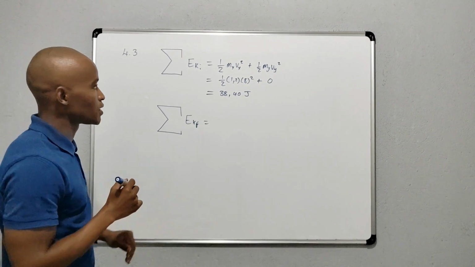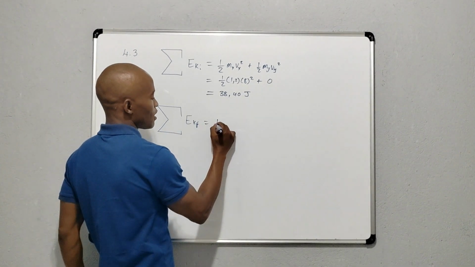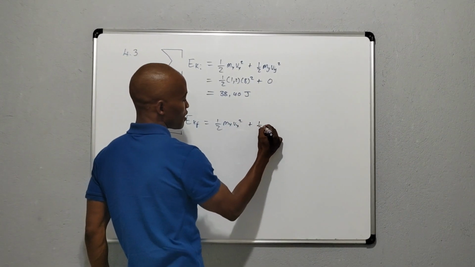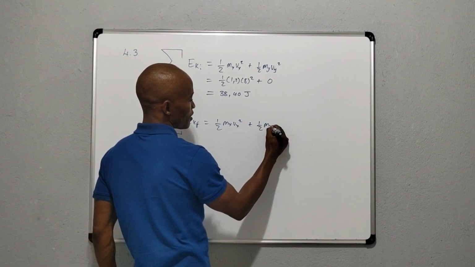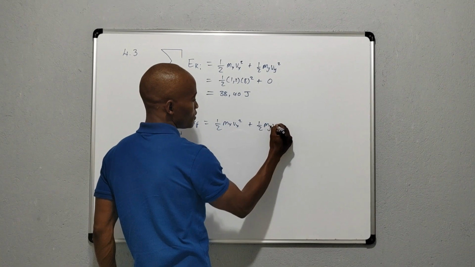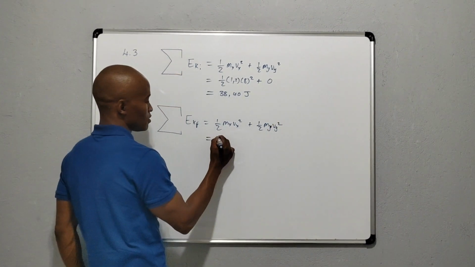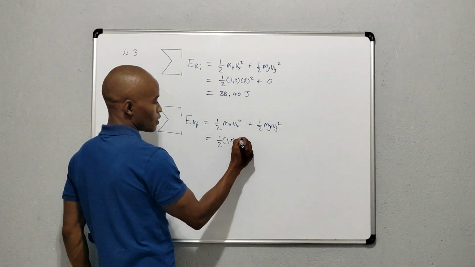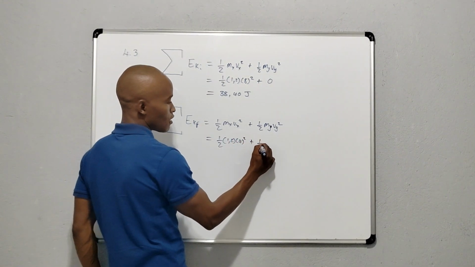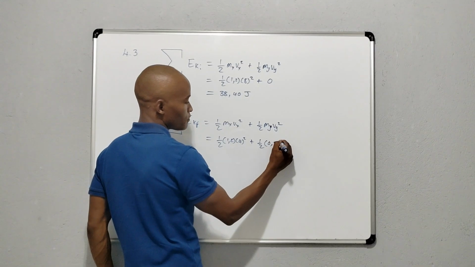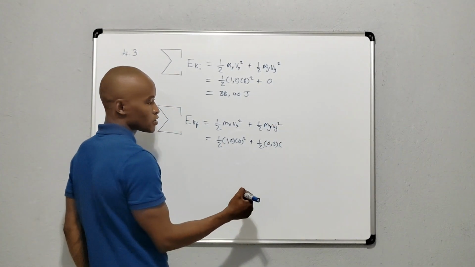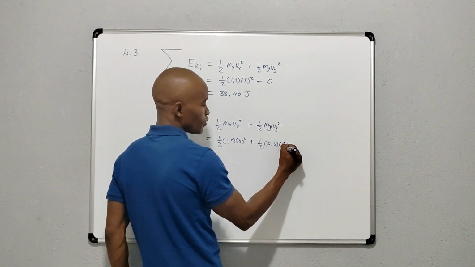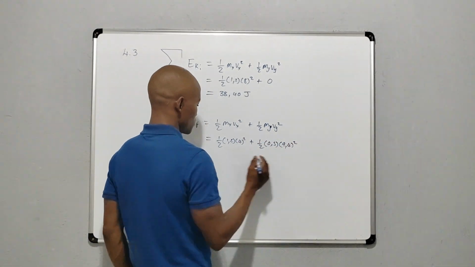Now after collision, again it's half mx vx squared plus half my vy squared, which is half times 1.2 times 4 squared, plus half times 0.5 times the final velocity from the previous question, 9.6 squared.